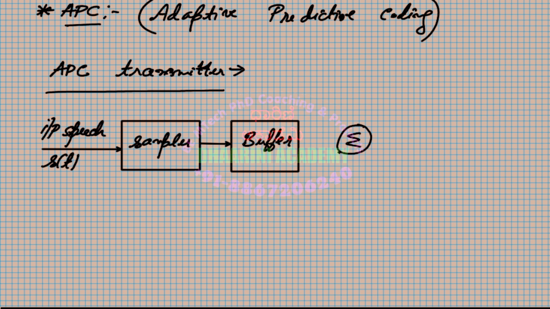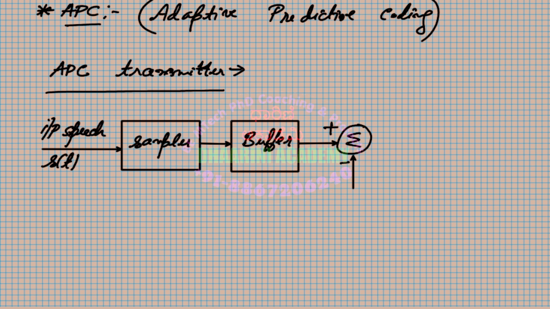It's a summer block. The present sample is taken from the buffer and given as input to the summing block, and in addition to this, the other input will come from the predictor. As of now we have not written the predictor yet, so I'll just write an input signal. It's understood that it has to come from the predictor. There is a positive sign and a negative sign for the predicted value.